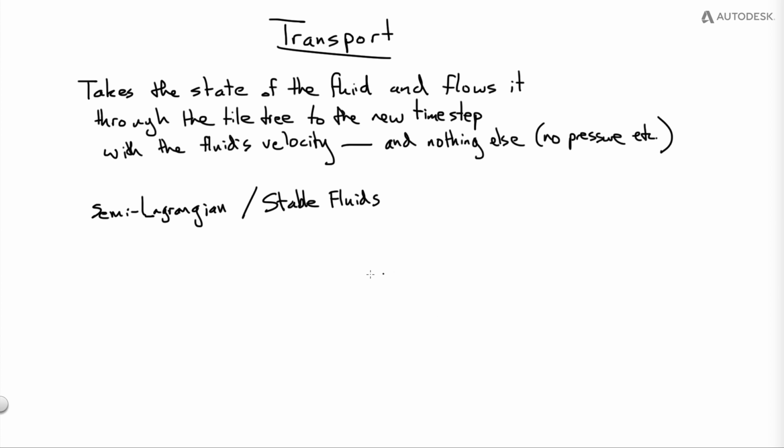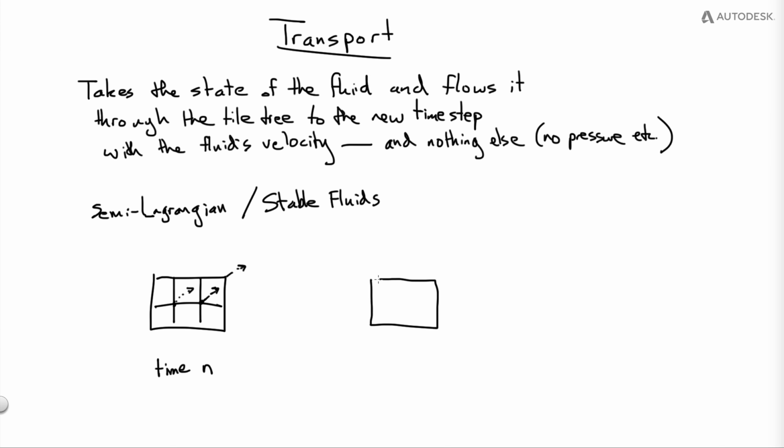You can think of this as basically saying, if we have our time or frame n grid here with some values sampled on the grid, and the fluid is generally moving in this sort of diagonal direction. I mean, this could be swirly and everything, but I'm not going to try and draw all that detail. And now I have a time n+1, or frame n+1 grid.